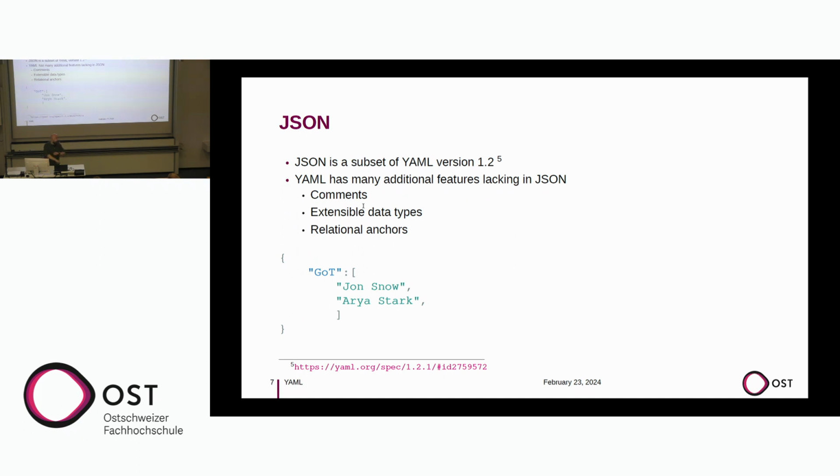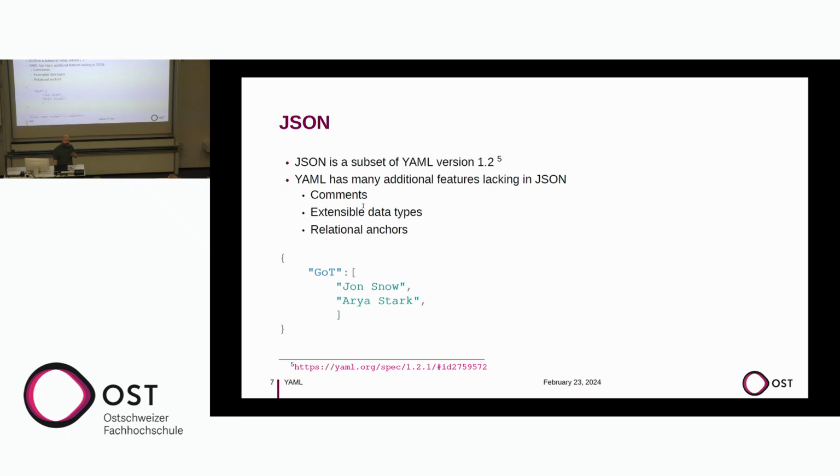JSON, yeah, we all know JSON. Since version 1.2, JSON is a complete subset of YAML. So if we have a tool that supports YAML 1.2, we can parse JSON with it. If you have a CLI tool, for example, working with YAML, you can also work with JSON because it's a complete subset.